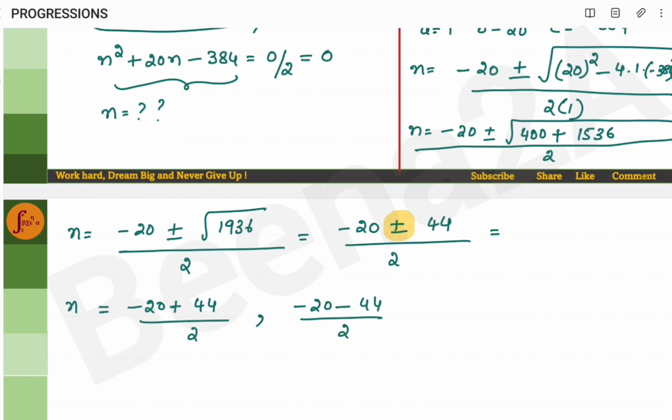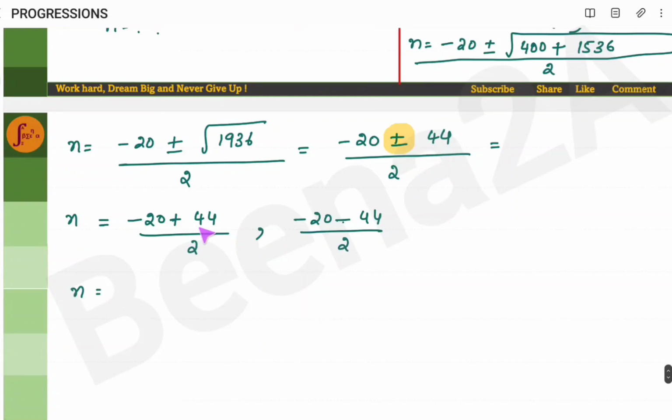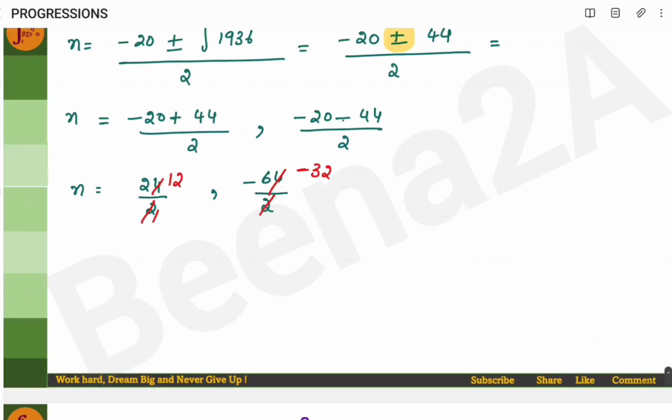Once you take plus, second time you take minus, both plus and minus, right? Now you calculate. 44 minus 20 is 24 by 2 and the other one is minus 64 by 2. So I'll get 12 here and I'll get minus 32. So what are the values of n? N is equal to 12 and n is equal to minus 32.